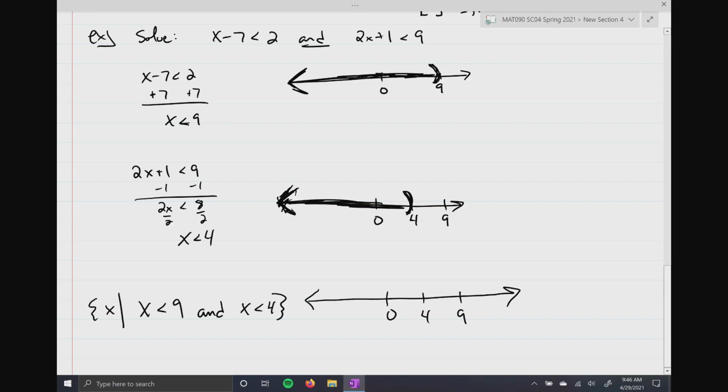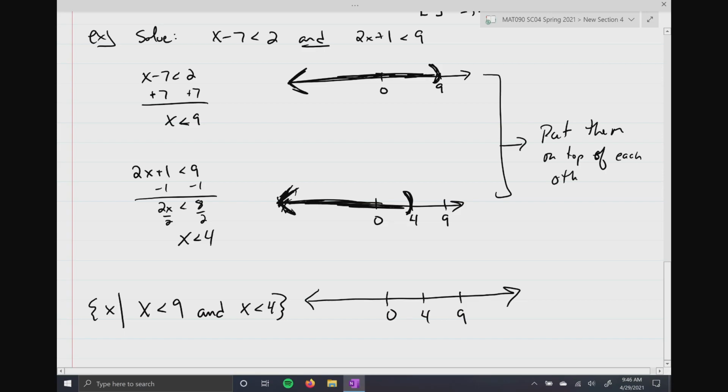Now, in order for me to satisfy both equations, I'm going to take my two solution sets and put them on top of each other. Wherever they overlap is going to be my answer.